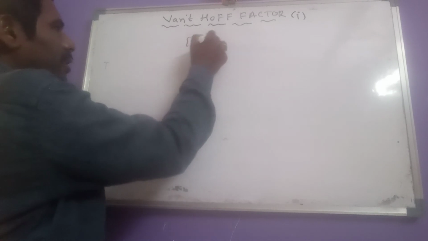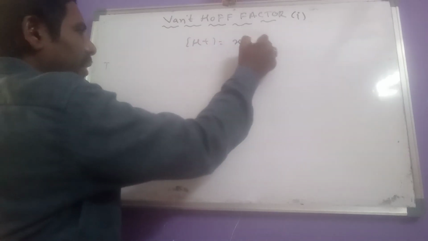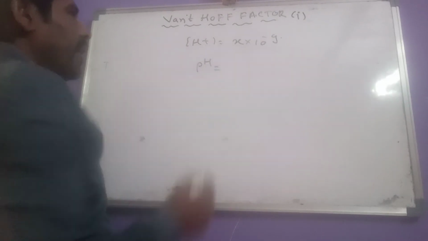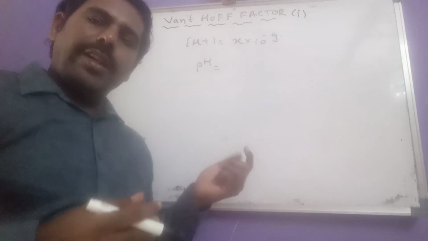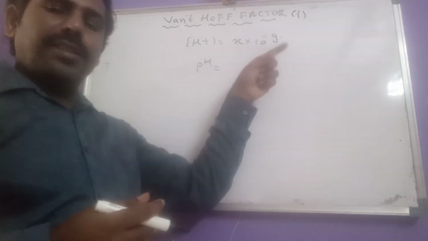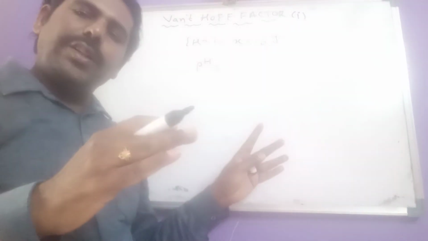If the H plus concentration is given as x into 10 power minus y, then pH means, don't worry about applying logarithms, no need to go for that calculation. One easy method is there.